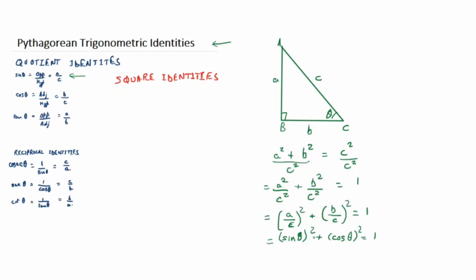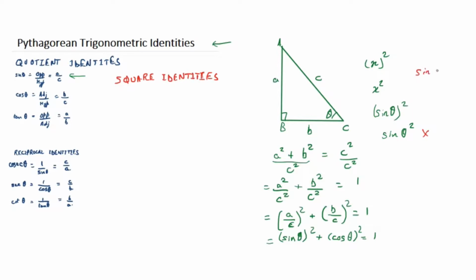Here I would like to draw your attention to the fact that (sine theta) whole square, unlike x to the power of 2, which is written as x square, is it going to be sine theta square? No, unfortunately that's wrong, because it's not the square of the angle.